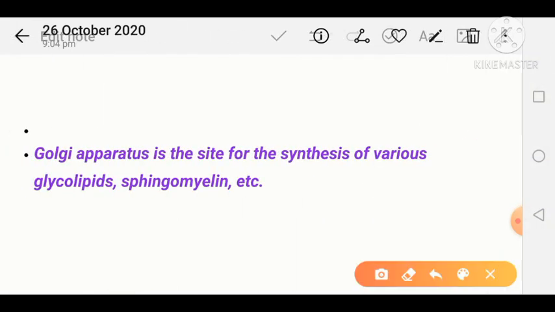Then the Golgi apparatus is also the site for the synthesis of various lipids such as glycolipids and sphingomyelin. These are very important lipids for new plasma membrane formation, and these glycolipids and sphingomyelins are also synthesized within the Golgi complex.